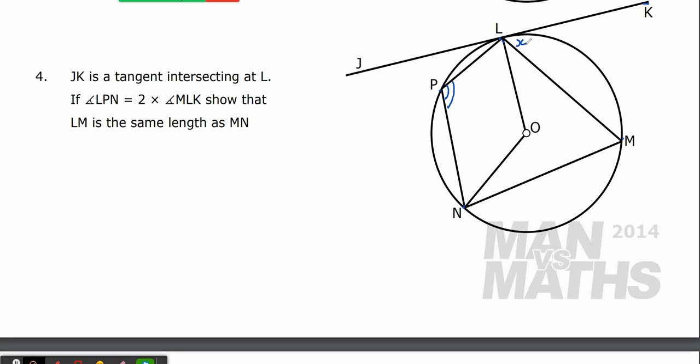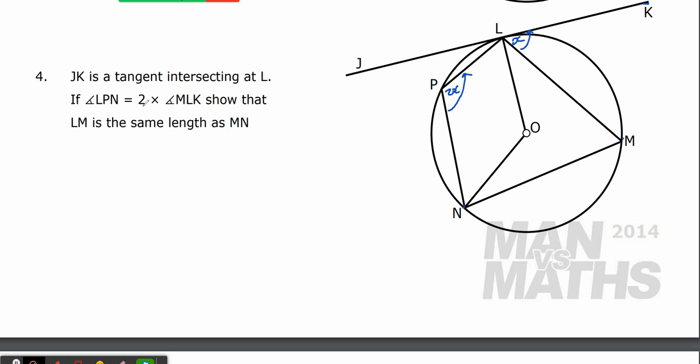So if this angle is X, this angle is 2X. Let's make a note of that. Let's just get it more neater there. So this angle over here is X. So this angle over here is 2X.